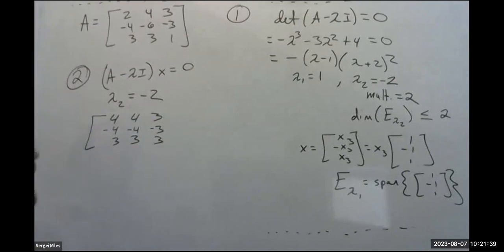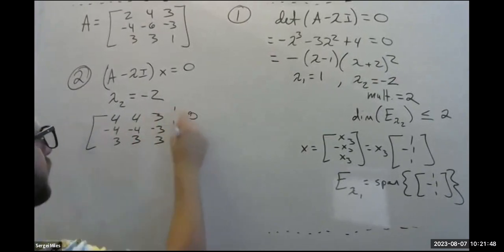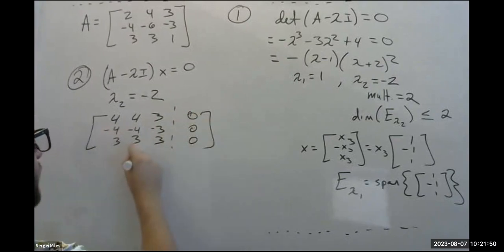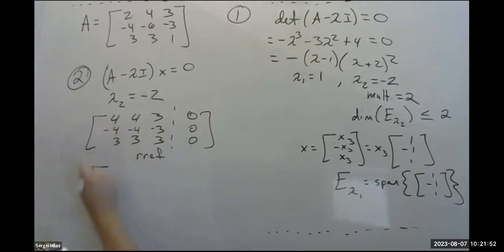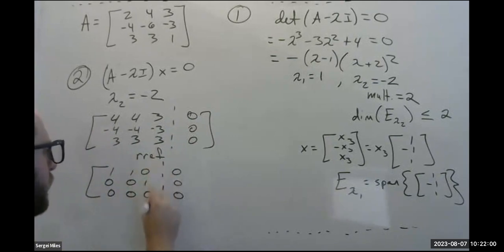Did I do that right? Yeah. Okay. Now again, for the sake of time, I'm just going to write in the row-reduced echelon form. We have here 1, 1, 0, 0, 0, 0, 1, 0, 0, 0, 0, 0.